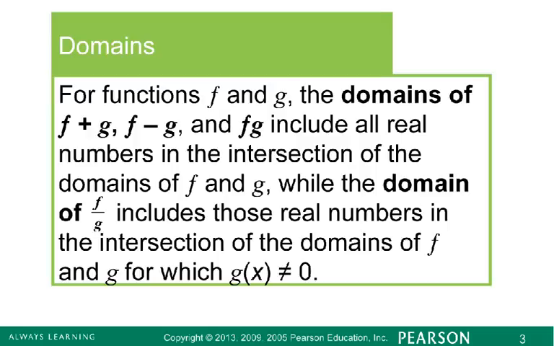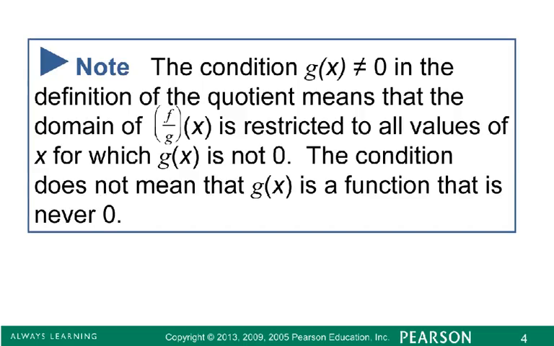We'll look at that in an example in a little bit. Now, for f divided by g, it's the intersection of those two domains, but where our function g of x is not equal to 0. So we're going to have to exclude those values of x that make the denominator 0. That ends up being our domain for f divided by g.